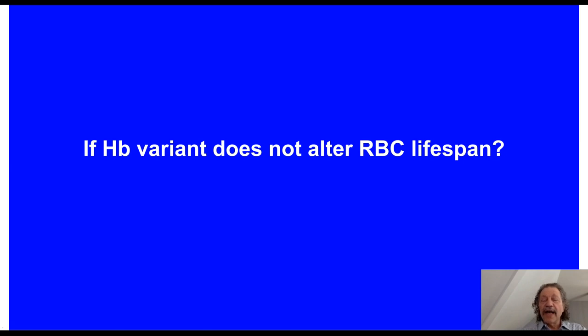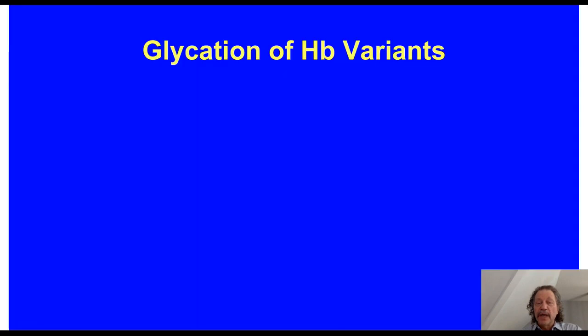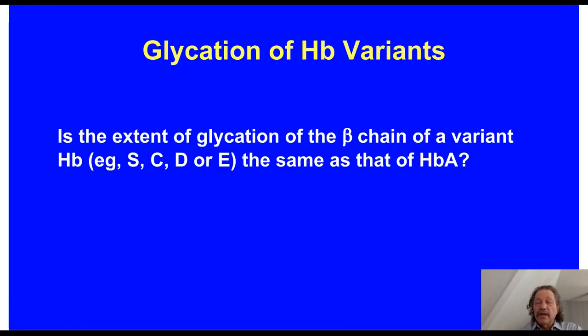So, what happens if the hemoglobin variant does not alter red cell lifespan? So there was an important question that we asked. Is the extent of glycation of the beta chain of a variant hemoglobin, for example, hemoglobin S, the same as that of hemoglobin A?